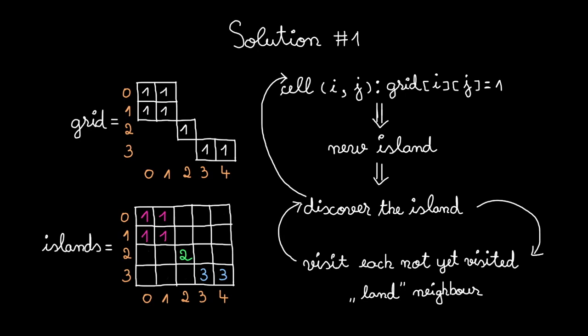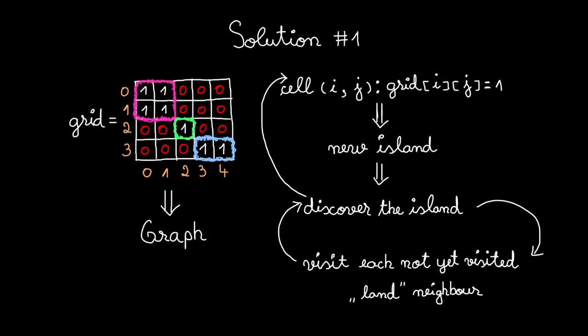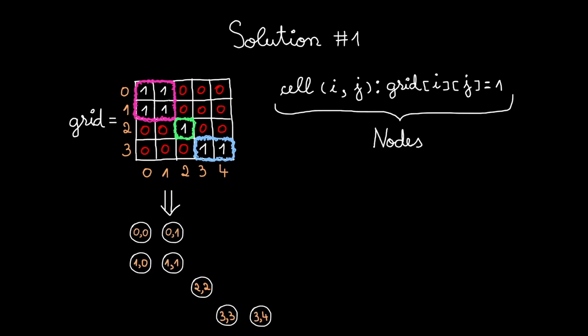We are basically left with a graph where the nodes are the land cells. But what about the edges? In general, an edge represents a connection between two nodes. In other words, its job is to let us know that we can move from one node to the other. We just have to adapt this definition to our problem.